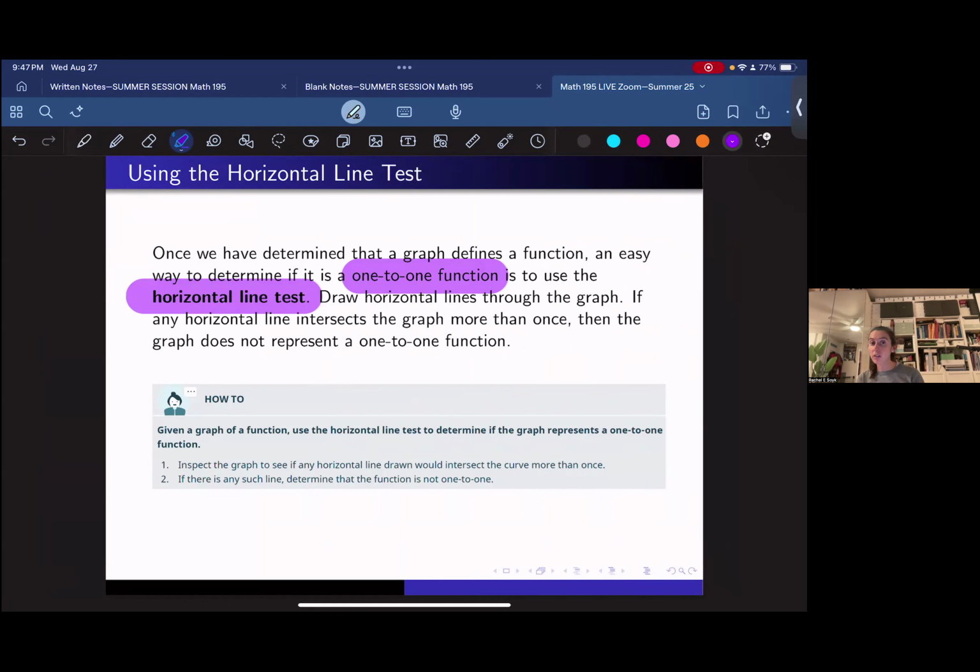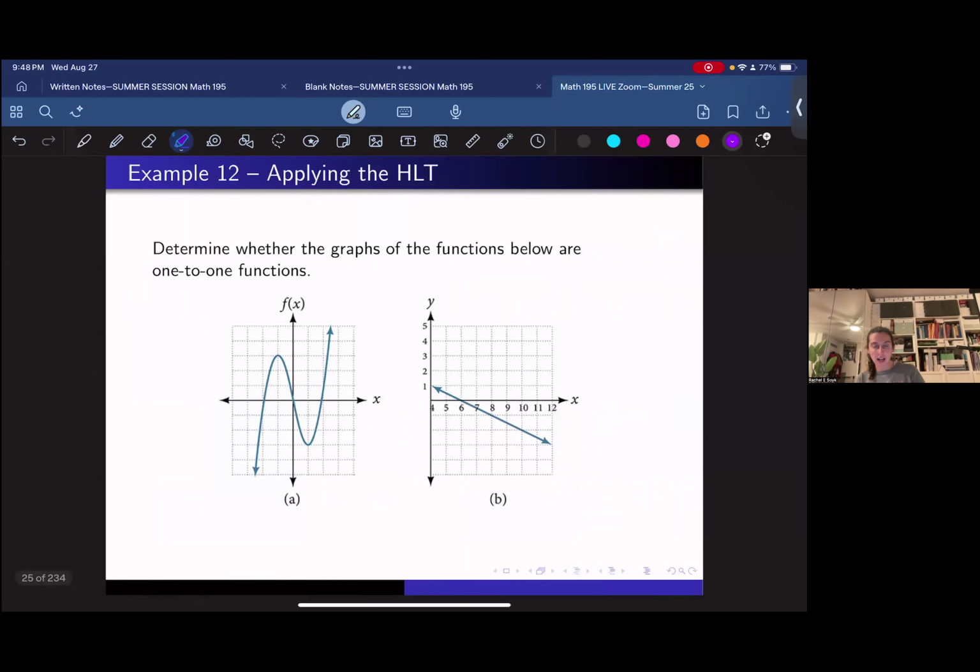So all one-to-one functions have to pass the vertical line test in order for it to be a function. But the one-to-one tells us it needs to also pass the horizontal line test in order for it to be a one-to-one function. And so on this next slide, looking at our example 12, we are going to apply our horizontal line test to determine whether we have a one-to-one function.